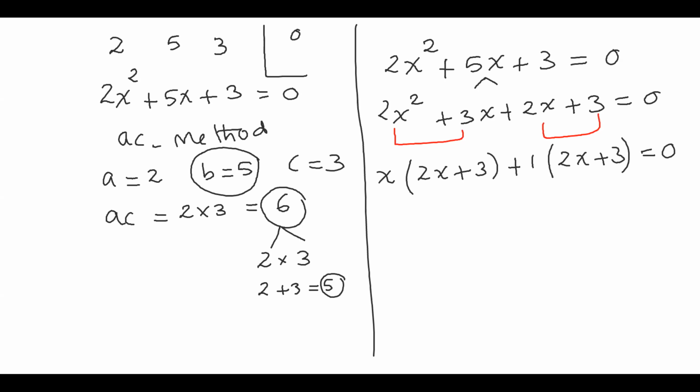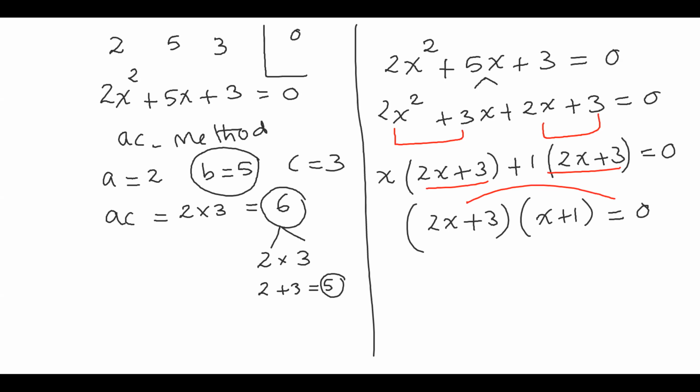So now if you check, 2x plus 3 is a common factor. So we have 2x plus 3 times x plus 1 equal to 0. Now set each one equal to 0: 2x plus 3 equals 0, and x plus 1 equals 0.